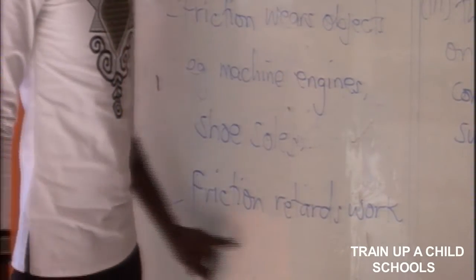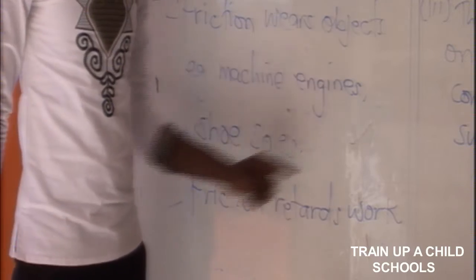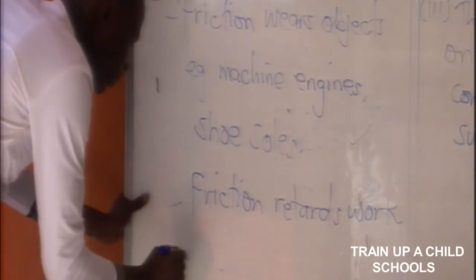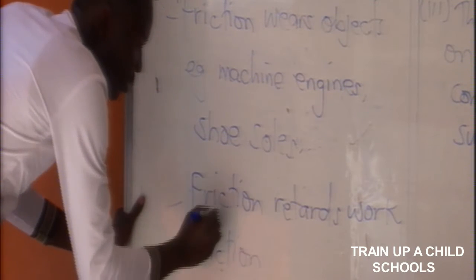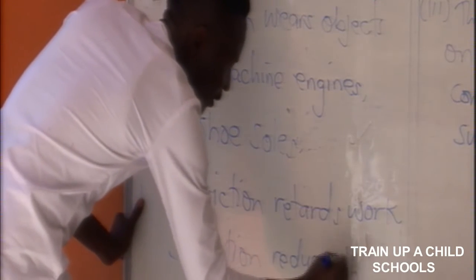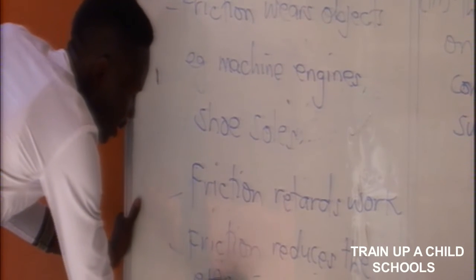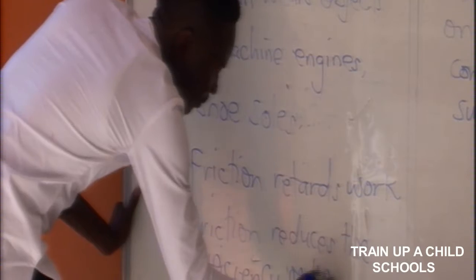Because of too much friction, someone will take too much time to accomplish that piece of work. Then the last one, you can also say friction reduces the efficiency of the machine.